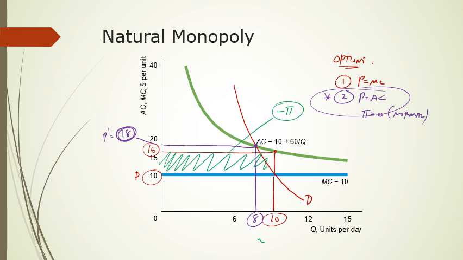So we look at the intersection of demand and average cost, and we can see that is at $18. Okay, so $18 is the price that we would force them to charge, and then that would produce a profit of 0, because at 8 units purchased, the price 18 is equal to the average cost of 18.